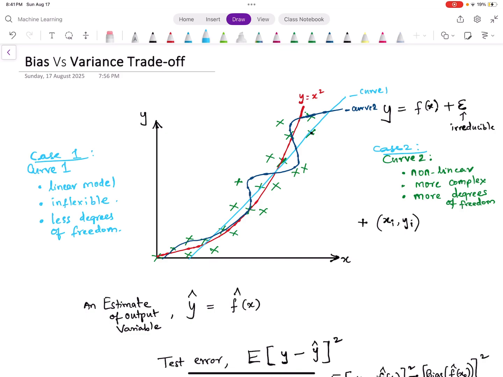Similarly, in the case of curve 2, a more complex function is used in place of the ground reality, which is y is equal to x square. Hence, such a function has more degrees of freedom, and the variance of this function is also very large.